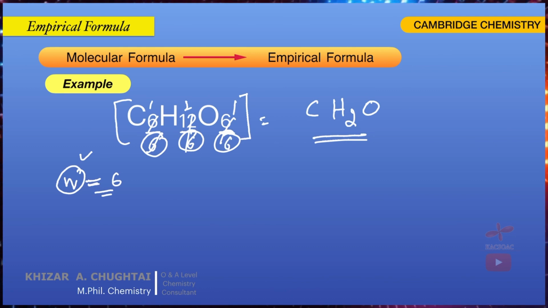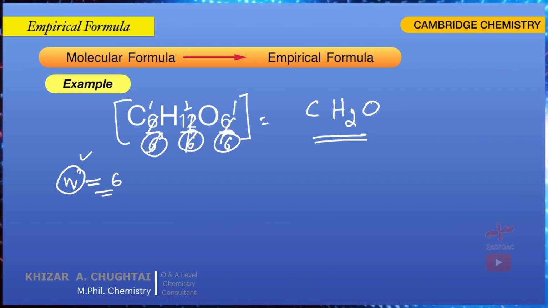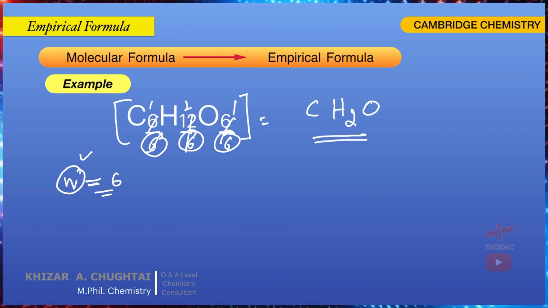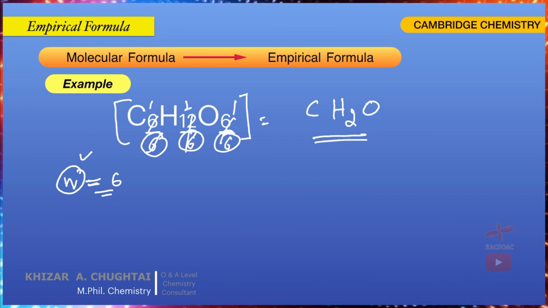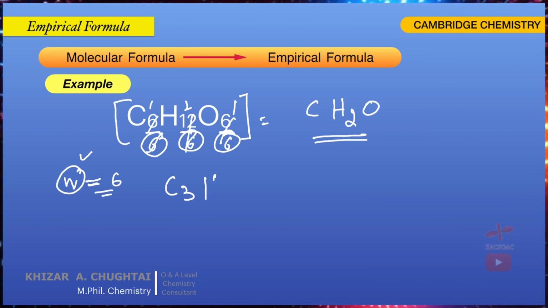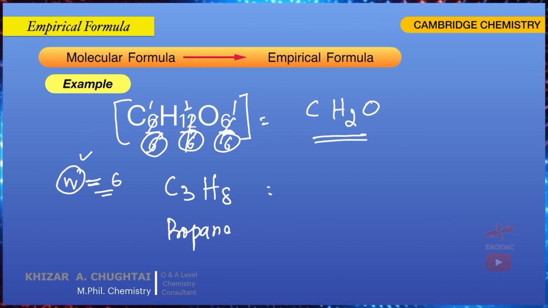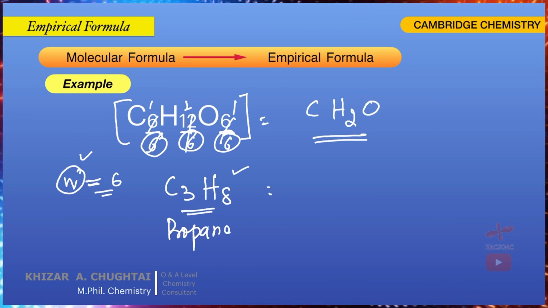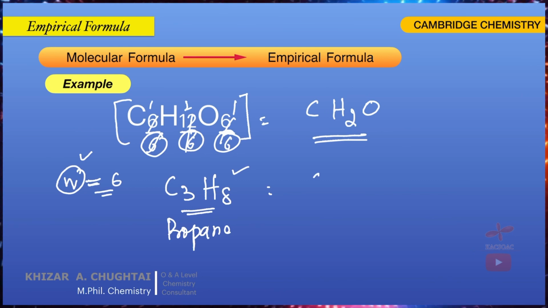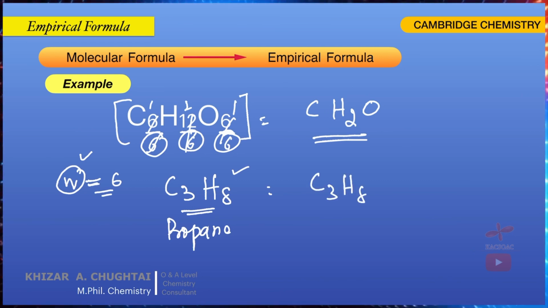However, sometimes we cannot change a molecular formula into an empirical formula. For example, C3H8 is propane, an organic molecule. Its molecular formula is C3H8 and it cannot be further simplified.